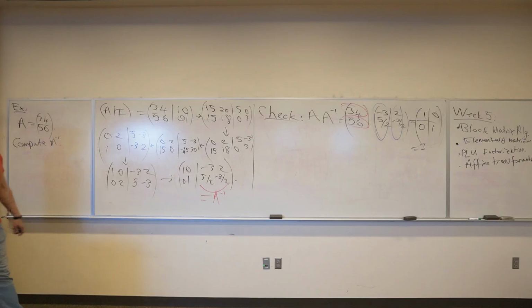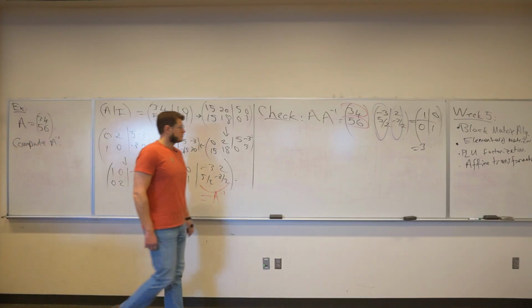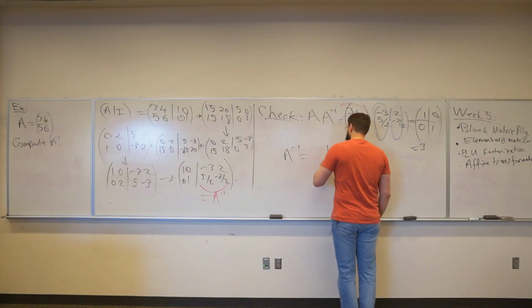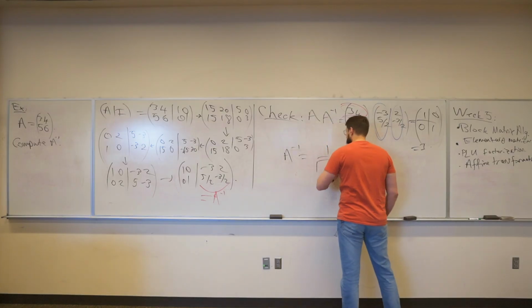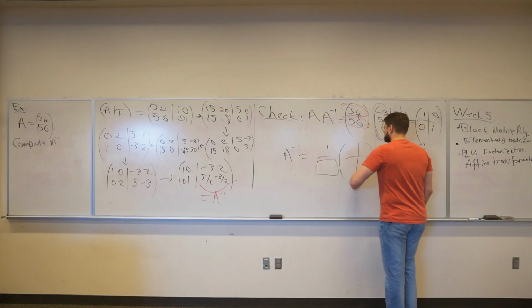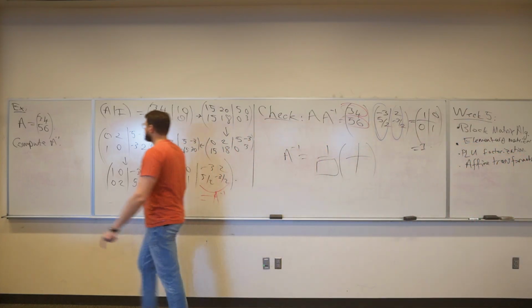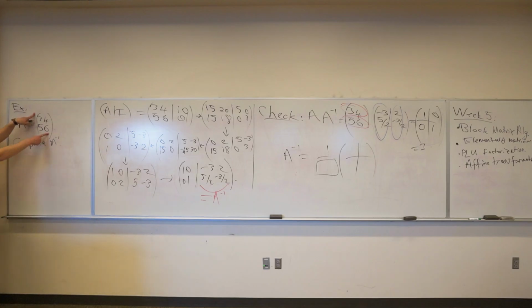The formula, in fact, says this. Okay. It's going to be a 2 by 2. And how do you populate? Well, you look at the entries. The diagonal two, you flip their positions, and then you put minuses in front of the off diagonals.